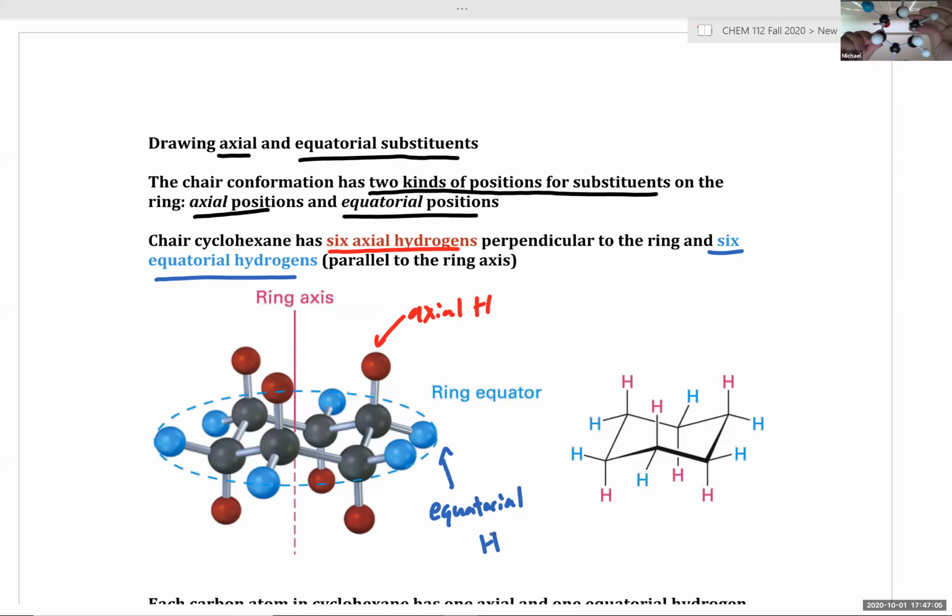If we look in the plane, we can clearly see our 6 equatorial hydrogens: 1, 2, 3, 4, 5, 6. So we have all 6 of our equatorial hydrogens in the plane. Does everyone see the axial and equatorial hydrogens from this perspective?